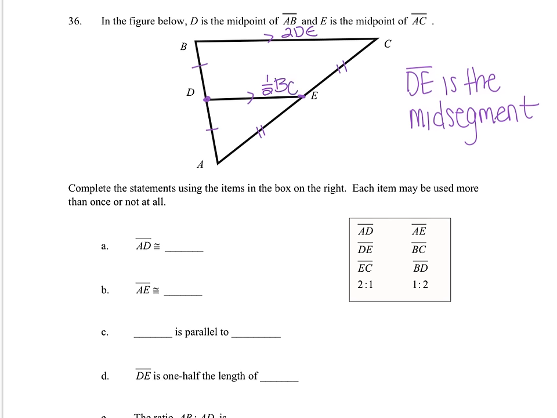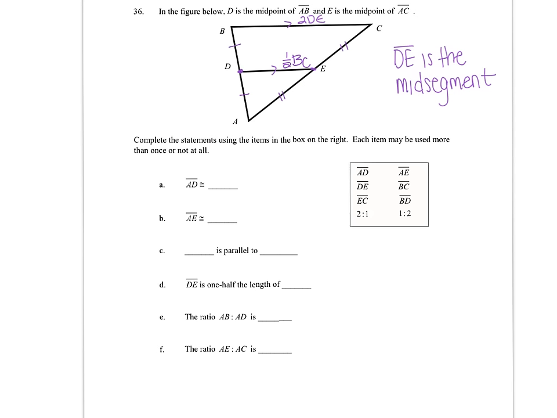So we're going to complete the statements using the items in the box on the right. Each item may be used more than once or not at all. So AD right here is congruent to blank. Well, since D is the midpoint, AD is going to be congruent to BD.